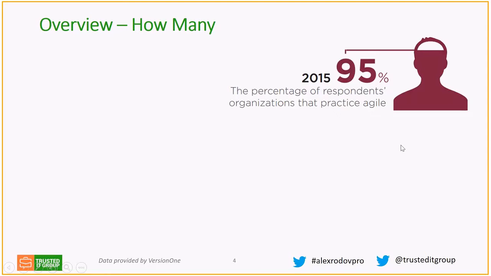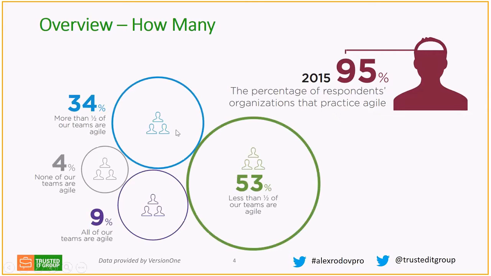Anyway, a few things about some of the surveys and research data. 95% of the responding organizations are using Agile, so Agile is everywhere. Less than half of the teams are Agile, whether in greater or lesser scale.